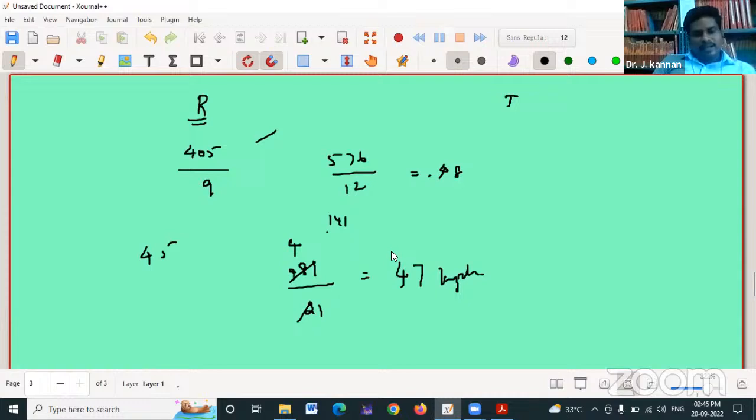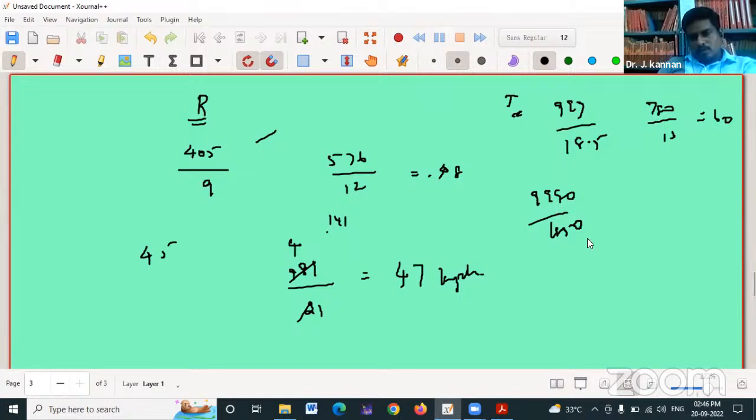So how to find it for T? In vehicle T, day 1 is 999 divided by 18.5 and day 2 is 780 divided by 13, which is 60. Cancelling the numbers, 999 divided by 18.5 is about 54, and the second is 60, so it automatically increases.